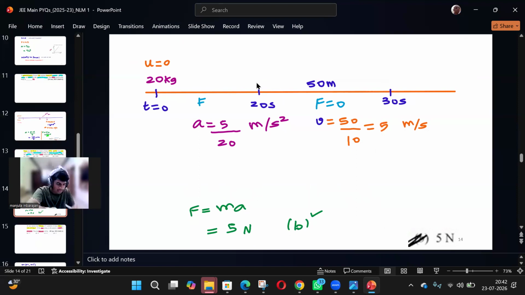Then we substitute that velocity in acceleration, v by t. Velocity at 20 seconds is 5. So u is 0. So acceleration is 5 by 20, which is 1 by 4. So force is 20 into 1 by 4, which is 5 newtons.